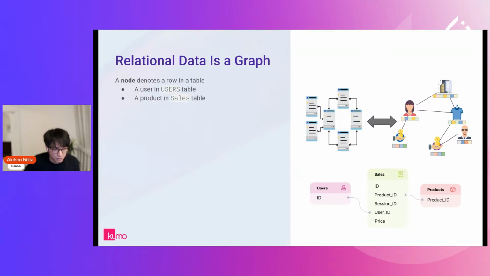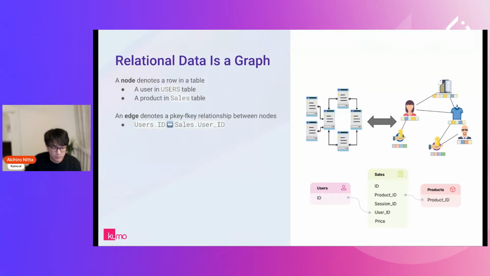So what I mean is that in the graph, a node denotes a row in a table. It could be a user in the users table, or a certain product in the products table. And an edge denotes a primary key, foreign key relationship between nodes.